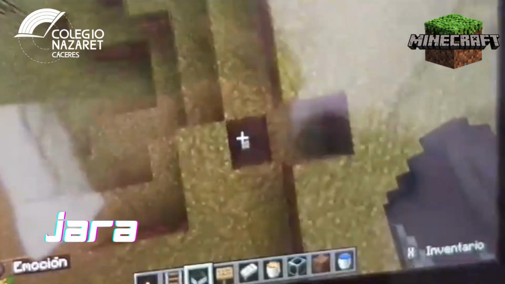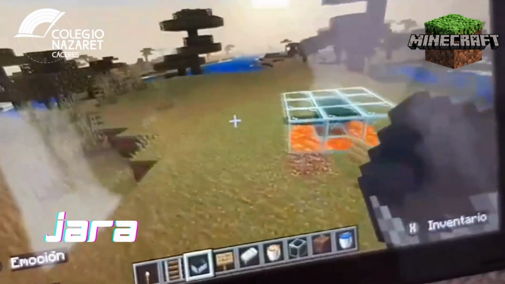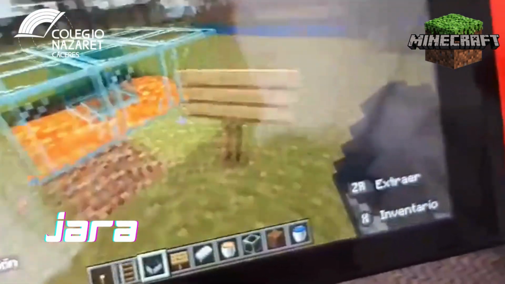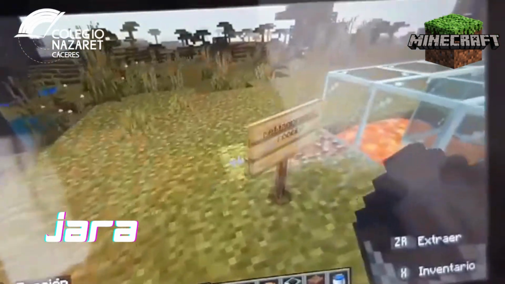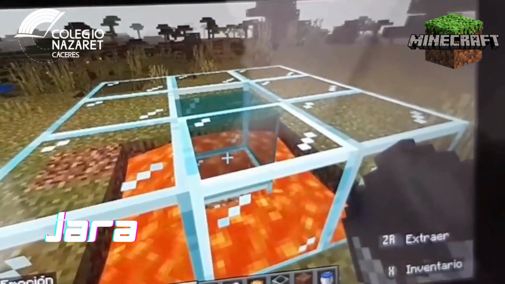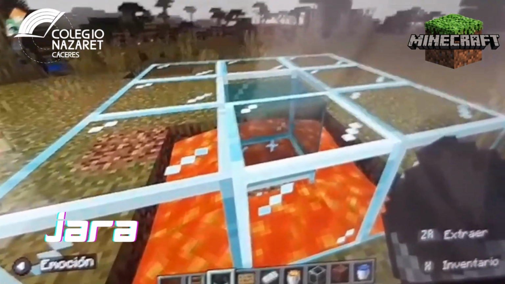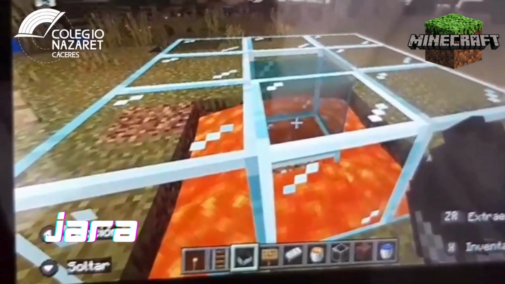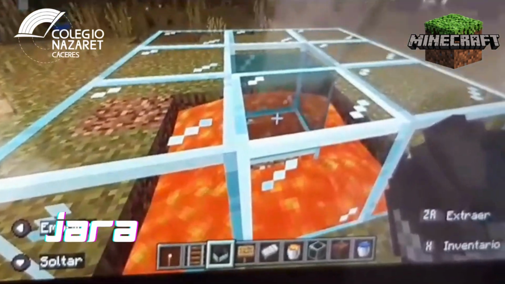The next type are the metamorphic rocks that are produced because of a very fast change in the temperature. Slowly? No, fast.